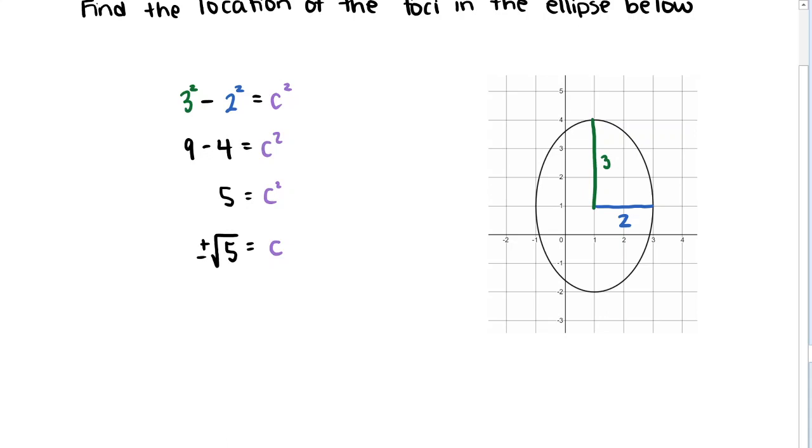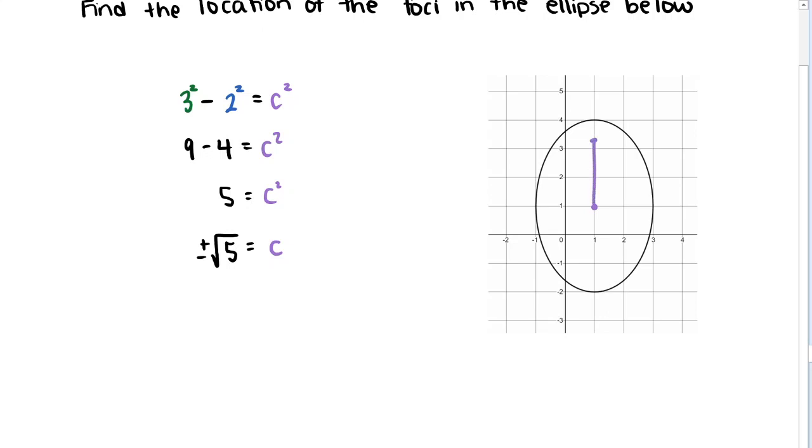And so in this picture, where are the foci? Well, we take our center point and we look this many units along the vertical, along the major axis, away from the center. So if I look the square root of 5 units, that's a little bit more than 2 units away from the center in the vertical direction.